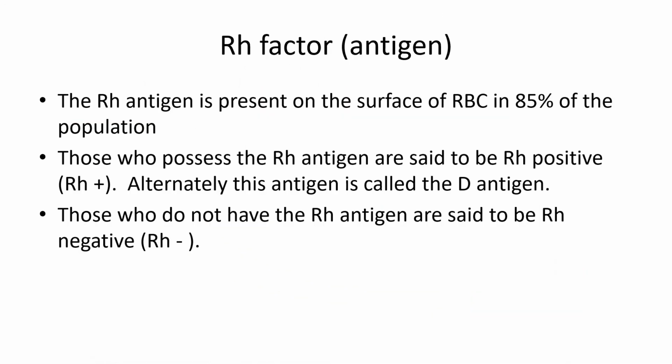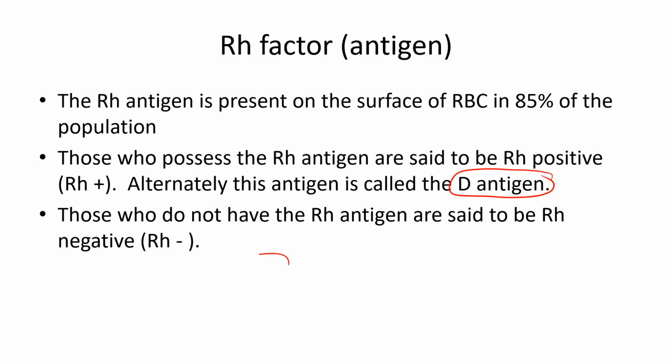If you'll take a moment to flip on over to page 30 with me, we will now talk about the Rh factor, otherwise known as the Rh antigen, or alternately called the D antigen. Okay, so 85% of the population is what we call Rh positive. That means they carry that particular antigen on the surface of their blood cells. Only 15% of the population are said to be Rh negative, meaning they lack this particular antigen.